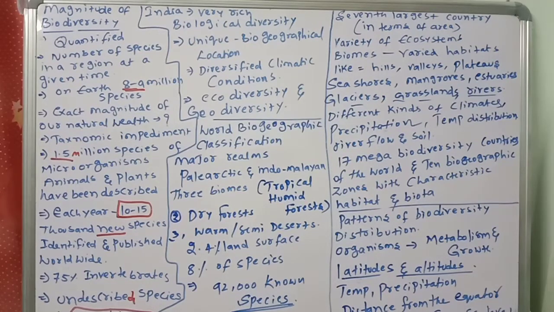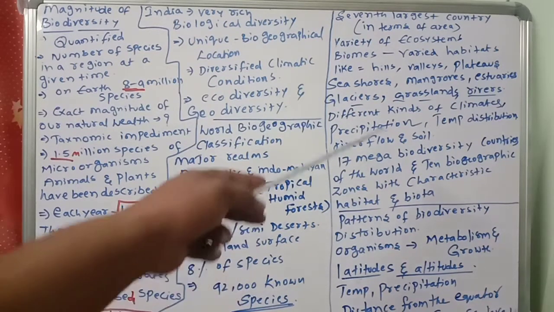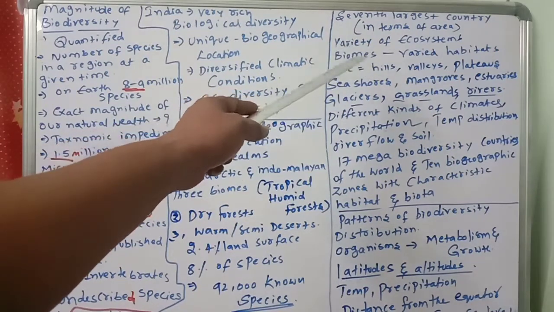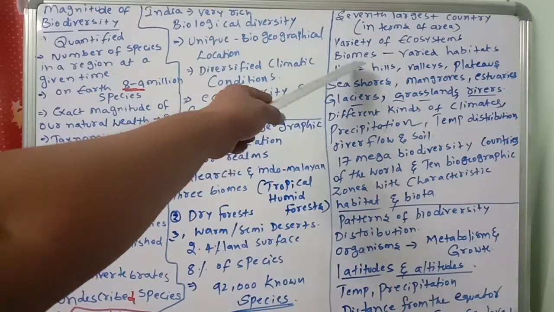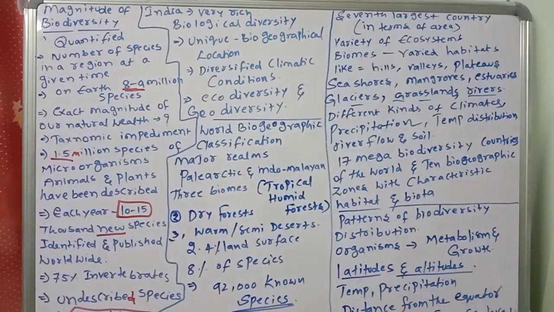So what are the reasons behind the variety of species in India? Because hills are there, valleys are there, plateaus are there, seashores are there. These are all important. Tomorrow we'll discuss latitudes and altitudes.